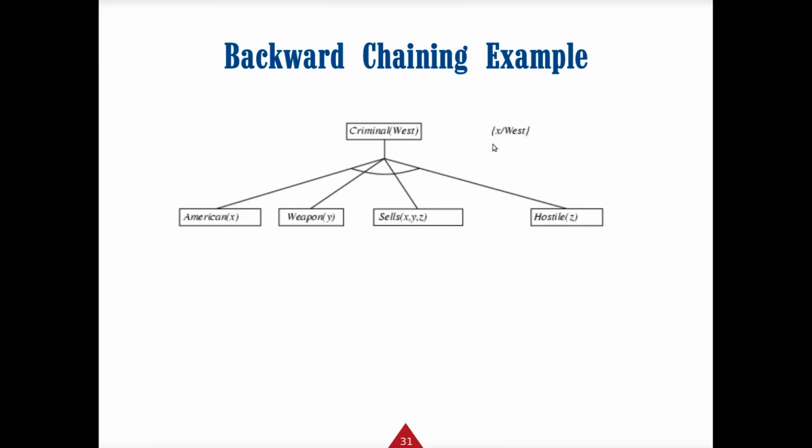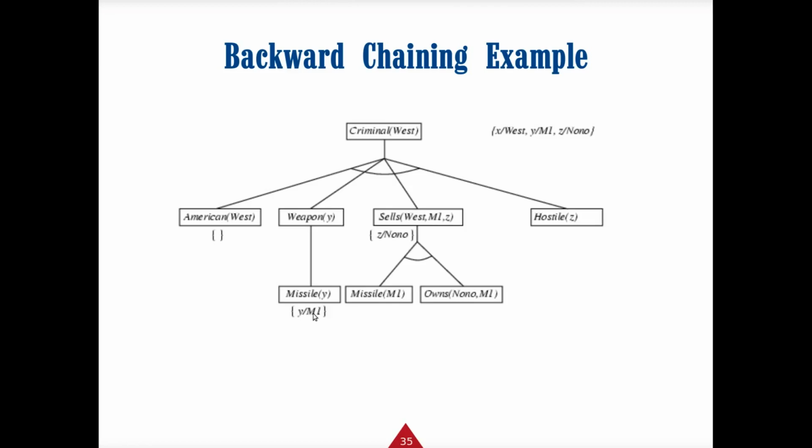And in this case, we define x as West. So it's going to feed forward and put x into West, and it's going to null terminate. And then we're going to say, okay, a weapon is defined as a missile based on the logic we have been given. And then we define M1 as a missile. So we got M1 as a missile, and it's going to back propagate to all these different locations.